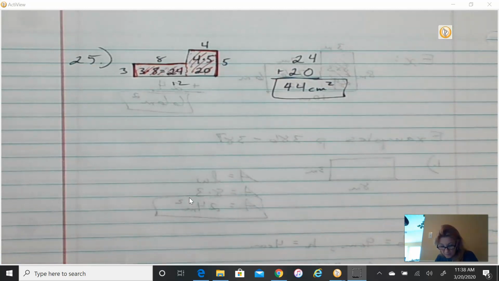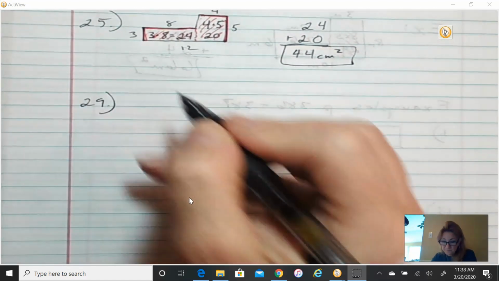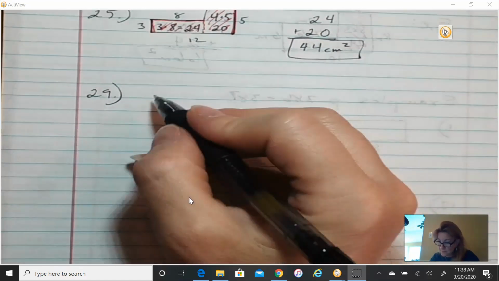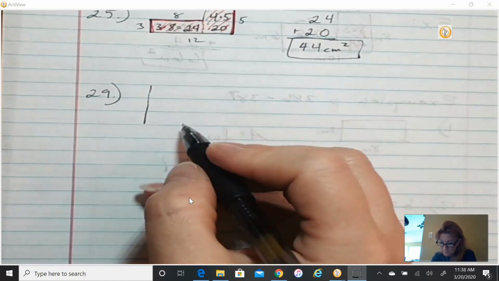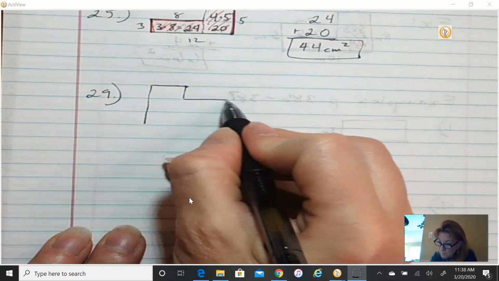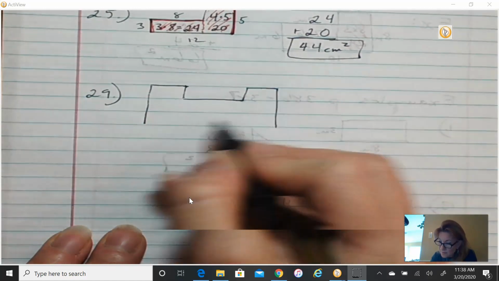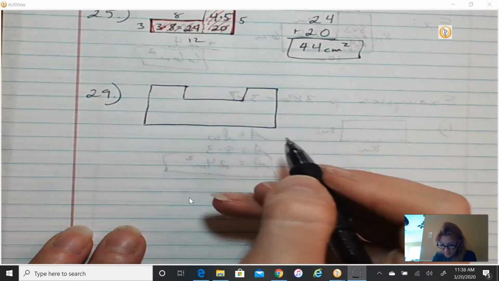Forget 27. Let's look at 29. Again, this is not to scale, but it's going to give you the idea.